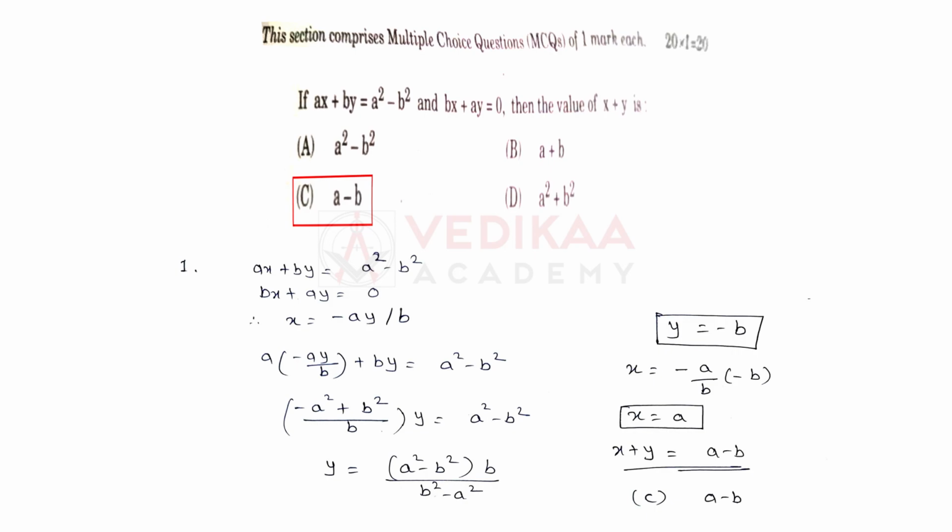Substitute this value of x in the first equation and solve it. You will get y equal to minus b. If you substitute this value of y in the second equation, you will get x equal to a. Now the value of x plus y is a minus b.